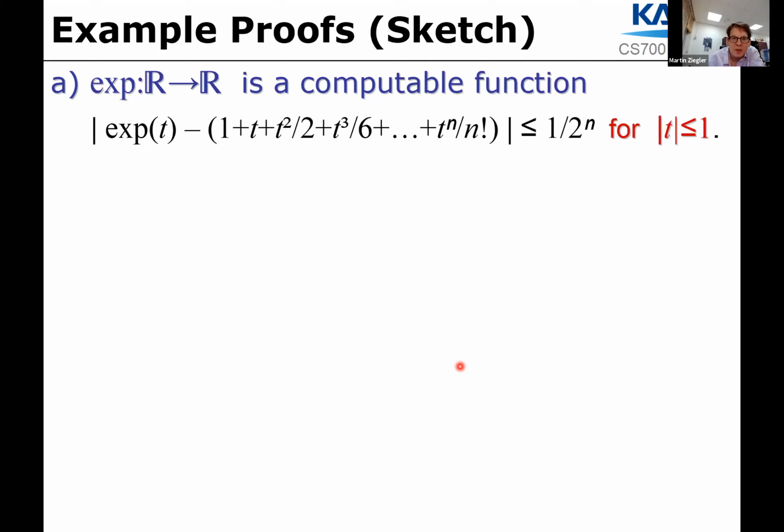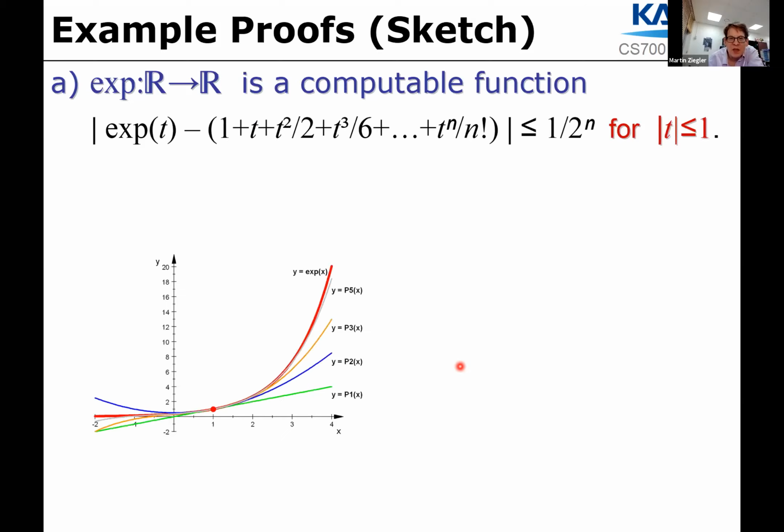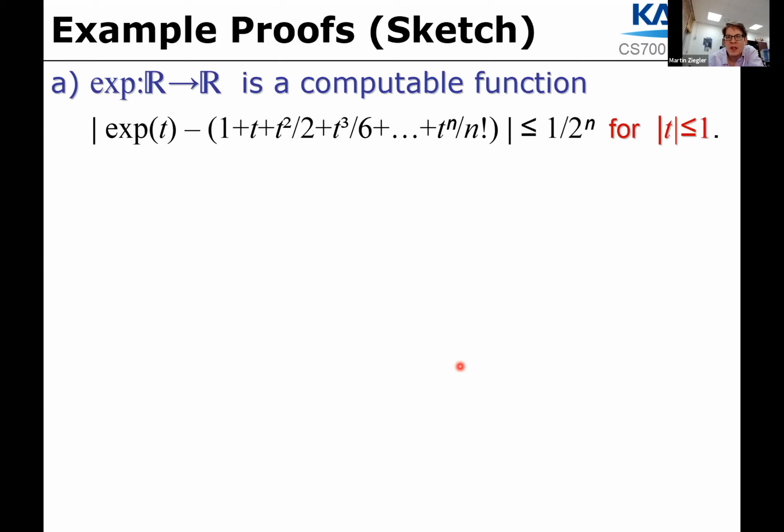Here maybe it's the definition that says, according to the computable Weierstrass theorem, namely approximate that function by a polynomial uniformly. And here you see such a polynomial, namely just take the standard Taylor series expansion of the exponential function that you're probably well aware of, and take the first n terms.